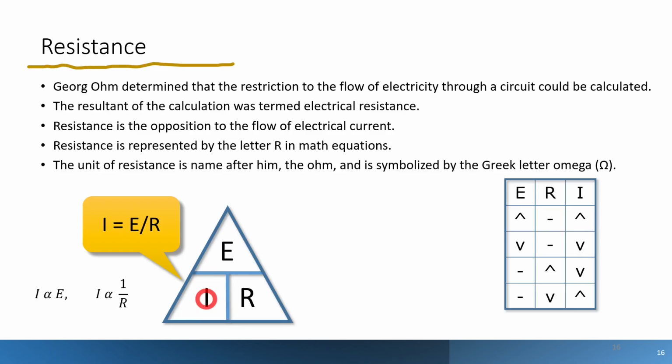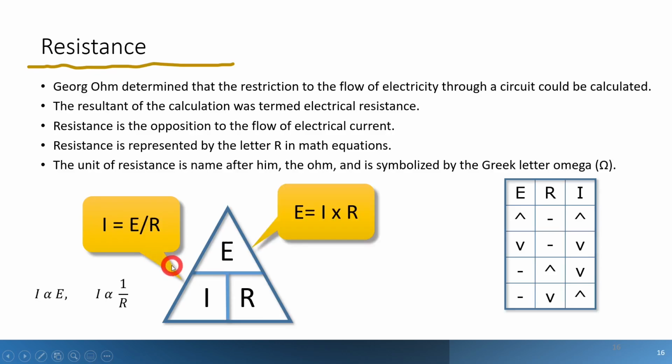You could do that on the screen. Just cover it up with your thumb. And you see, then we'd be solving for I, whatever we're covering up. And I is going to equal E divided by R, because this E is over this bar, or divided by R. Okay? And that's where this formula comes from. I equals E divided by R.